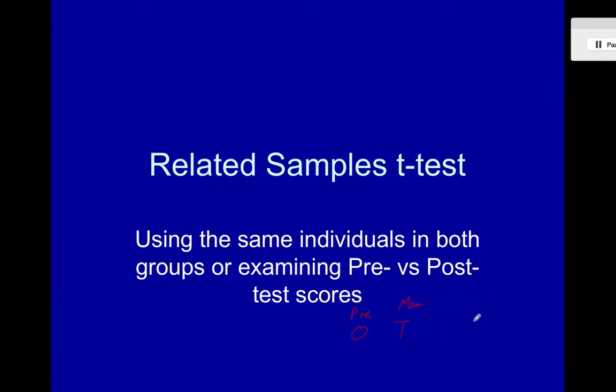And then we would have our post-test, which would be my second observation. What we want to determine is whether scores are changing from here to here because of this potential factor. In other words, is the treatment having an effect on the dependent variable at time 2, or at post-test, in comparison to that of pre-test?